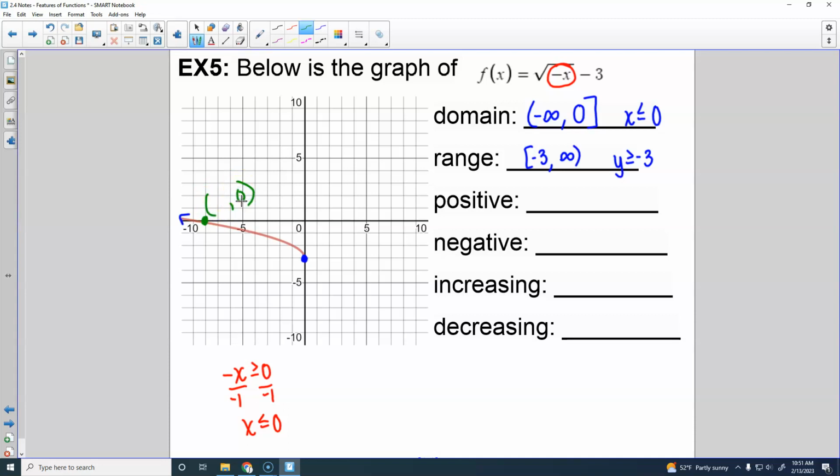So if I want to find that exact point, I can plug in 0 for my y, or my f of x. So I can do 0 equals the square root of -x minus 3. And to solve that, I would add 3 to both sides. So I'll get 3 equals the square root of negative x.